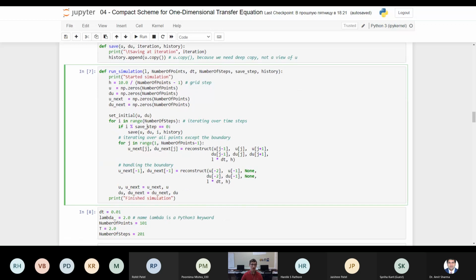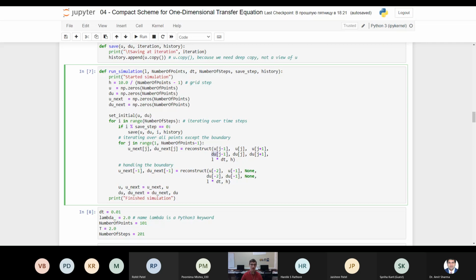In the internal points of the region, we reconstruct the values on the next time step using the reconstruct function. So we give to this function values of the u in the point in question, j, and the neighboring points, -1 and +1.